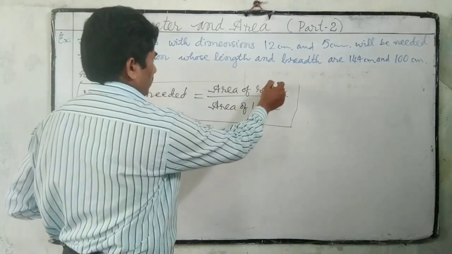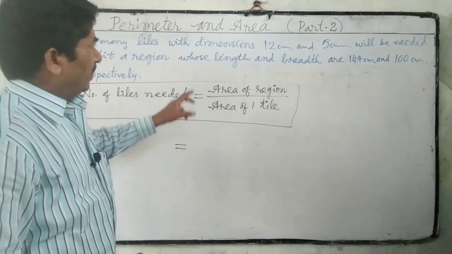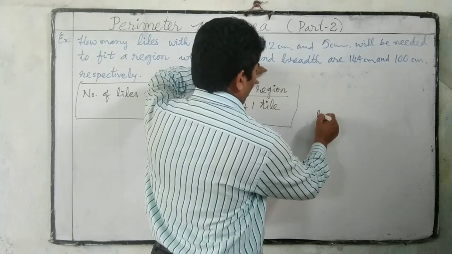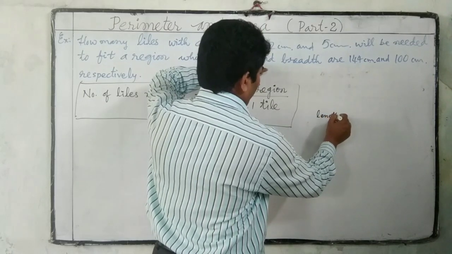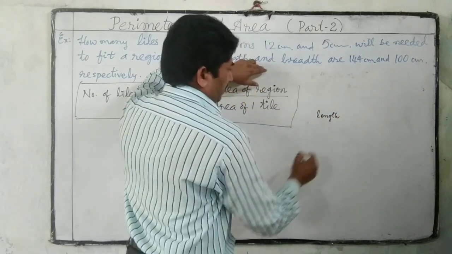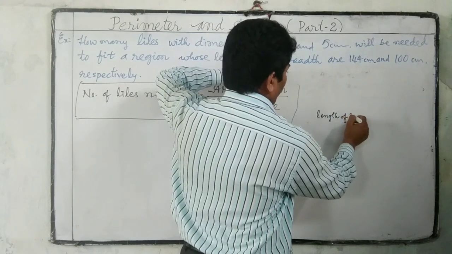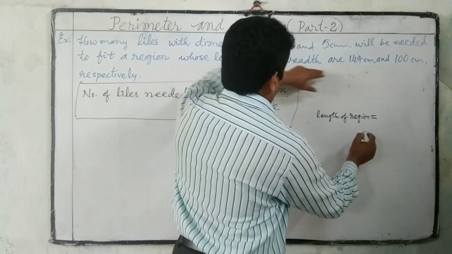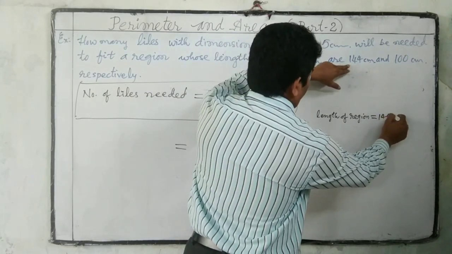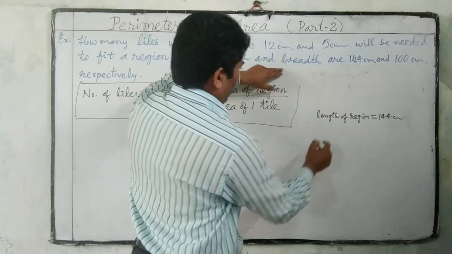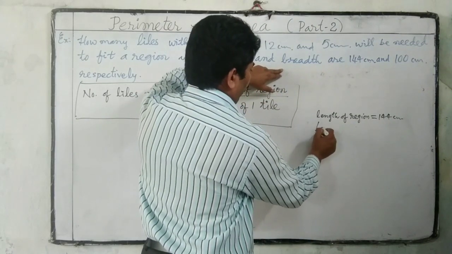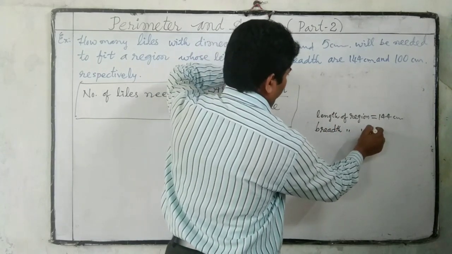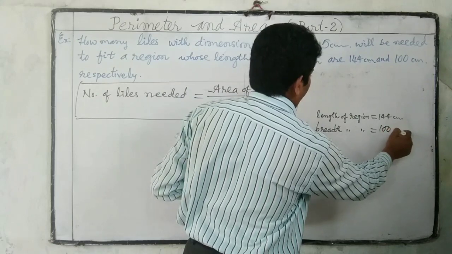Area of region. The length and breadth are given here. Length of region is equal to 144 centimeters, and breadth of region is equal to 100 centimeters.